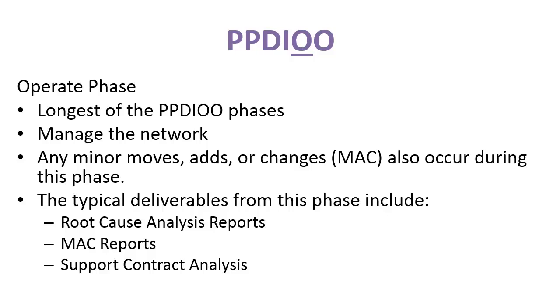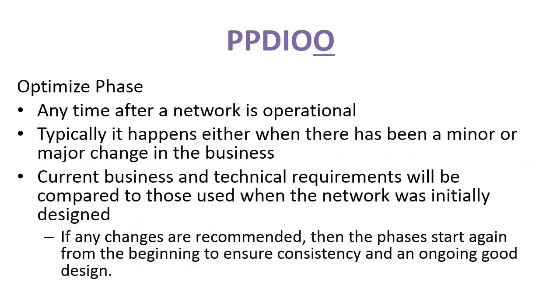The optimize phase can happen really at any time after a network is operational, but it typically happens when there has been a minor or major change to that network. During this phase, the current or existing business and technical requirements are compared to those that were once in place to make sure that all the changes are actually doing what they've been proposed that they would do.